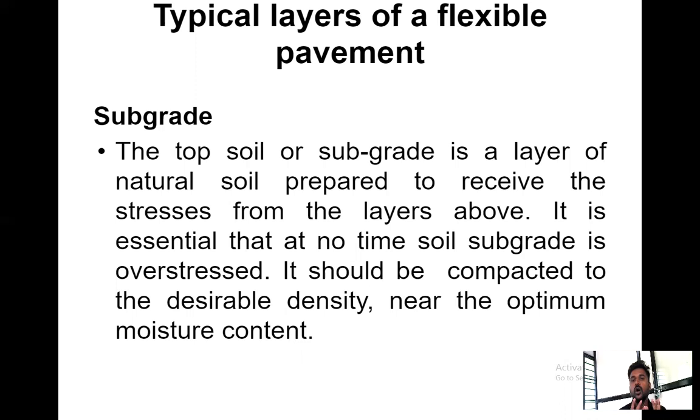We need to achieve the optimum moisture content, because at the optimum moisture content it will give us the desired density. Maximum density of the soil will be achieved at that point. So we need to achieve the maximum density of that soil, and we do it with the help of compactors.